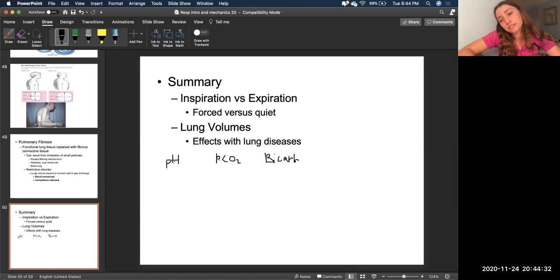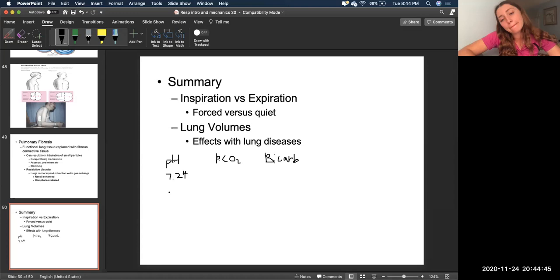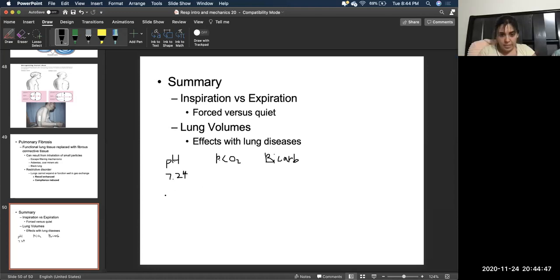Bicarb. I have some examples to give you if you want. Yes, ma'am. One example: for the pH you're going to put 7.3, for the carbon dioxide 50, and for the bicarb 32.